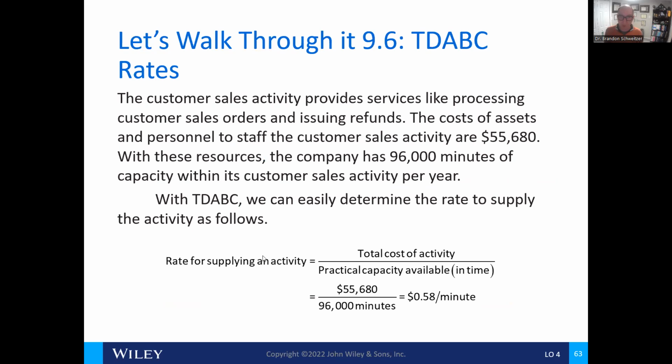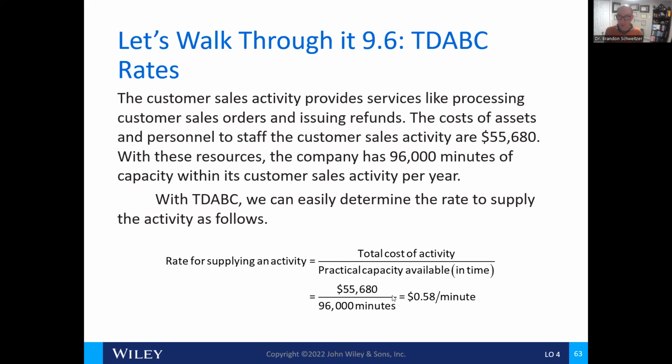And here we have an example of this total cost of the activity divided by practical time. In this example, we're looking at things like customer sales and how long the process takes.